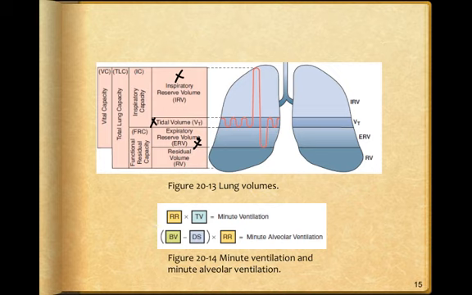Alveolar volume is very simply the volume of the air in the alveoli, and this is going to depend on patient condition as well, because if they have emphysema, chronic bronchitis, or asthma, their volumes are going to be different. Anatomical dead space is the volume of the conducting airway.